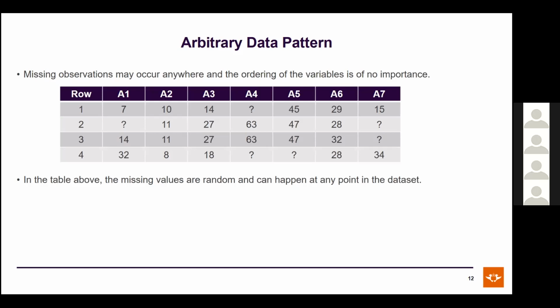So we're not going to consider A7 because there's missing data there. A6 is fine. A5 we won't consider because there's missing data. A4 we won't. But A3 and A2 are fine. A1 has missing data. So we're just going to use A2, A3, and A6.